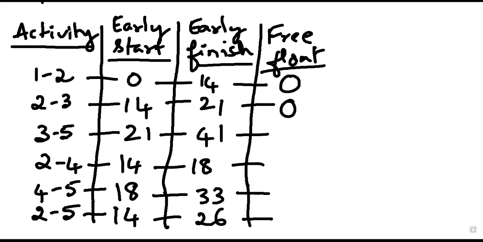Did we write any explanation in the last class for this 3-5 activity? Can you just read out what was the explanation written? What was the explanation for 3-5 free float, which we have written in the previous class?